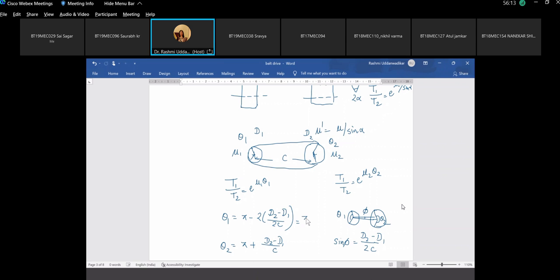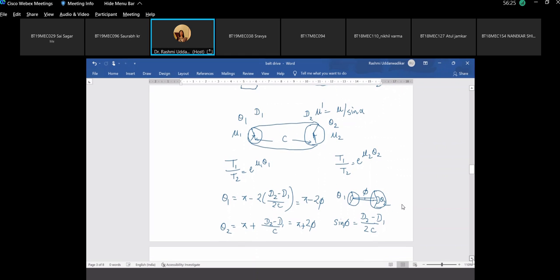So this is normally pi minus 2 phi, and this is pi plus 2 phi. Phi or alpha, whatever angle we consider.